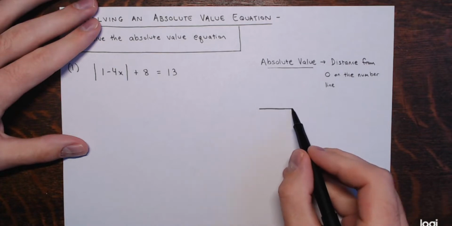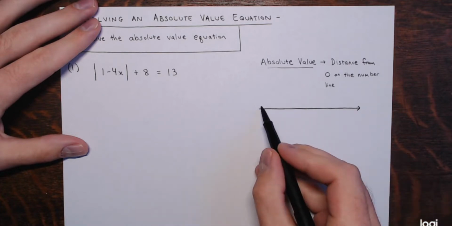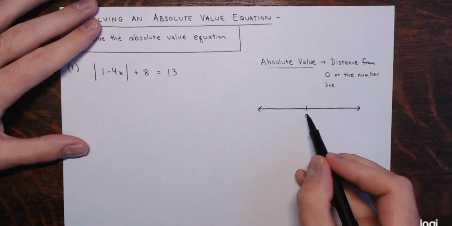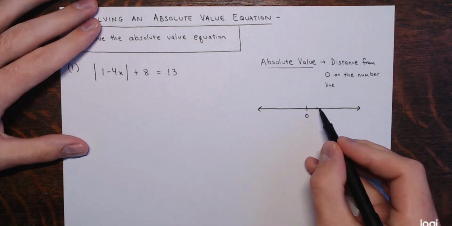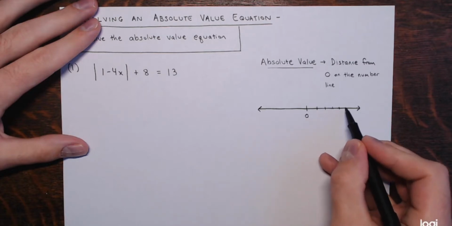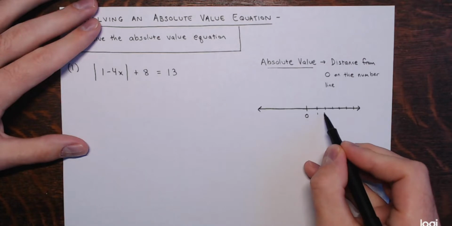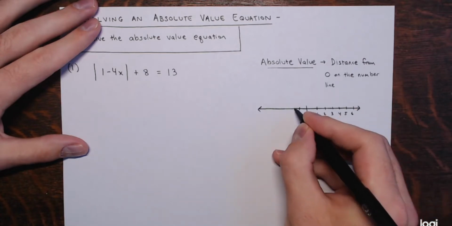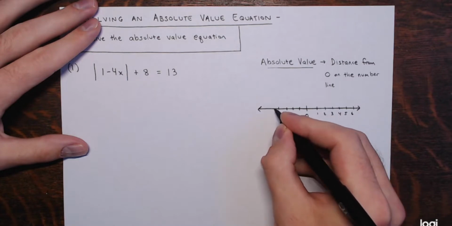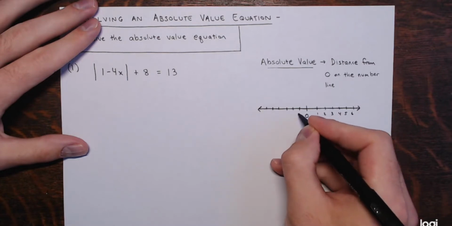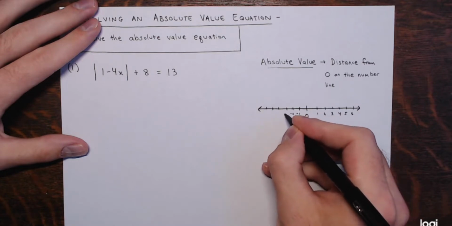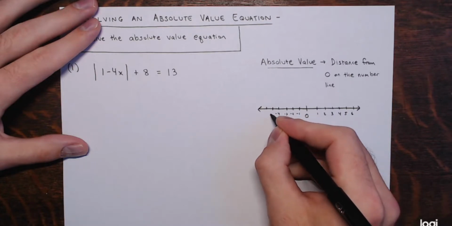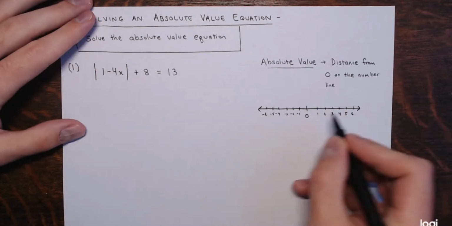So here's the real number line. Here's the number 0, let's say, and then let's put up a few numbers. I'll just put some integers here, 1 through 6, and a few more over here. Just throw in some integer notches, -1, -2, -3, -4, -5, and -6, and so on.